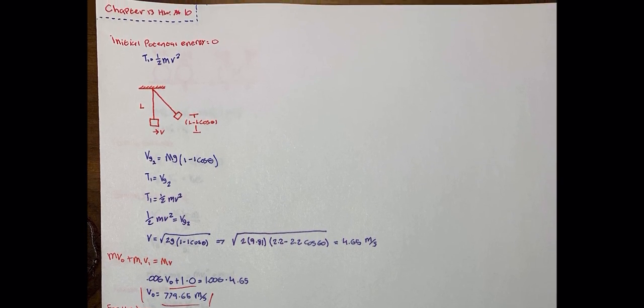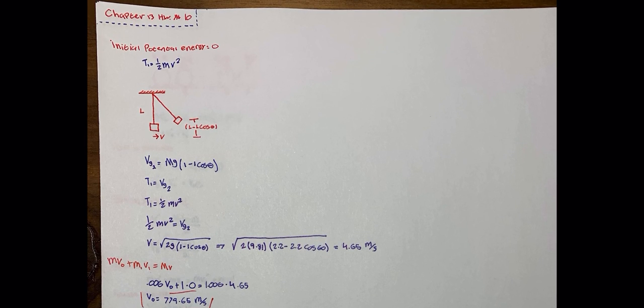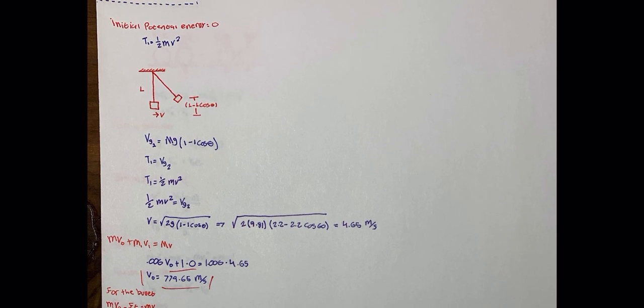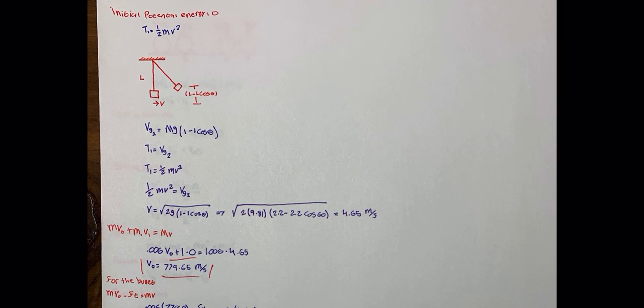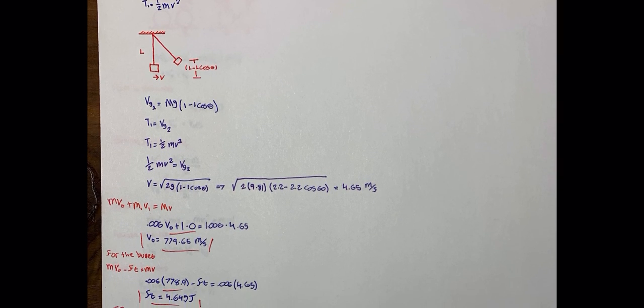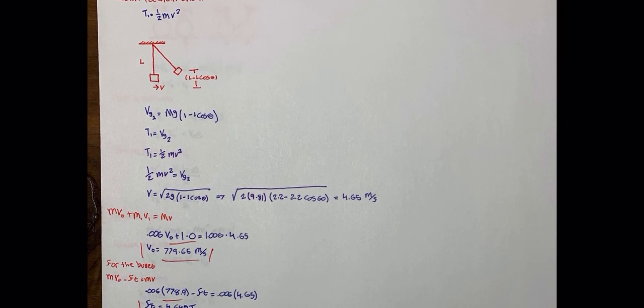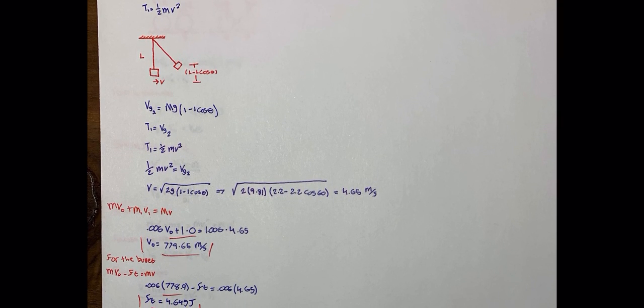So we know that the initial potential energy of the system is 0 because nothing's happened yet. T1 is equal to 1/2 mv squared. If we draw a free body diagram of the system, we can solve Vg at position 2 is equal to mg times (L minus L cosine theta).